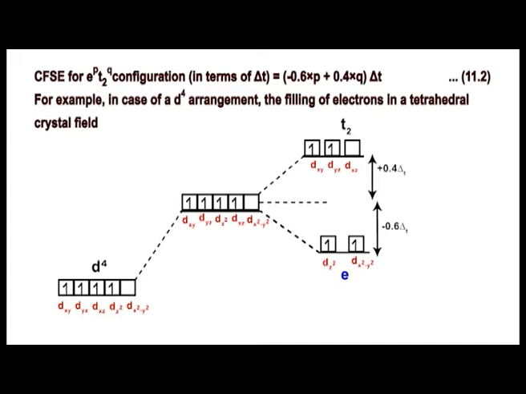CFSE for the E^p T2^q configuration is calculated by the formula minus 0.6 into p plus 0.4 into q, times delta T. For example, in the case of a d4 arrangement, the filling of electrons in a tetrahedral crystal field environment can be shown as on your screen.